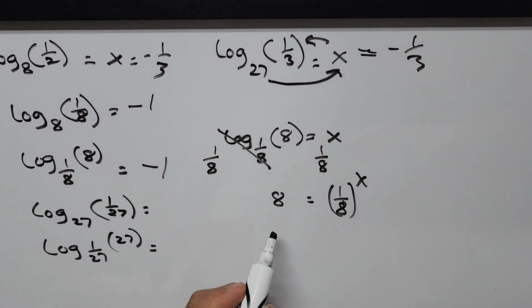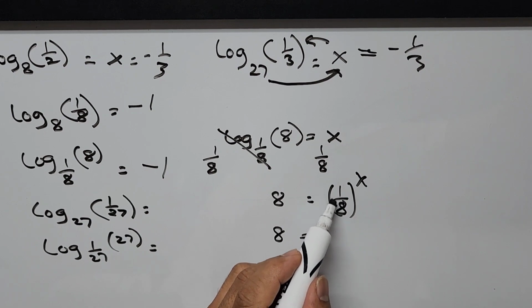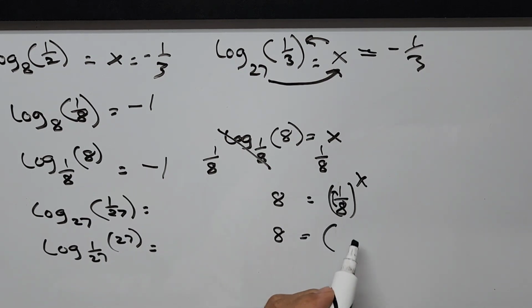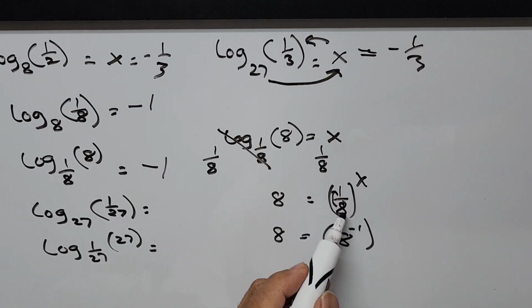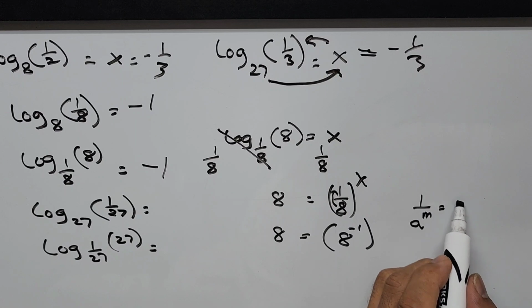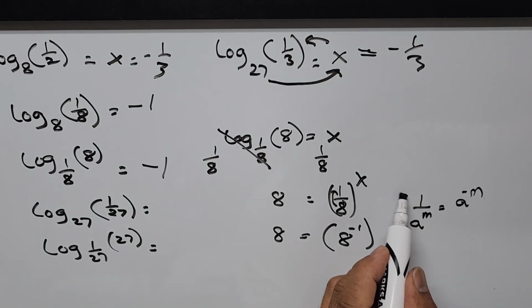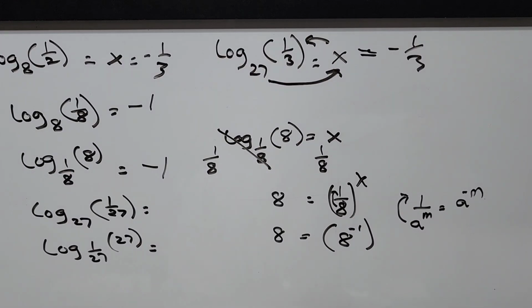So in here, 8 is equal to, and now we can put 8 to the top again. So that becomes 8 to the negative 1, right? Negative exponent 1 from the bottom. So we're following the exponent formula, that is 1/8 to the m is equal to 8 to the negative m, if we put this element on top from the bottom.